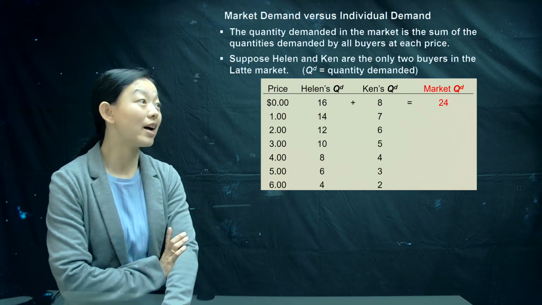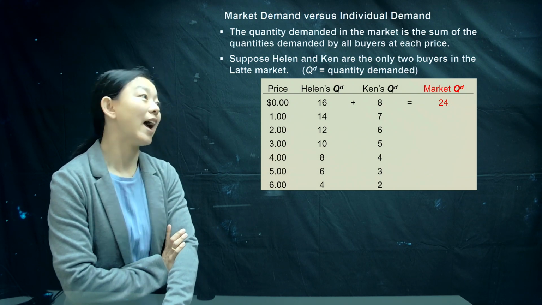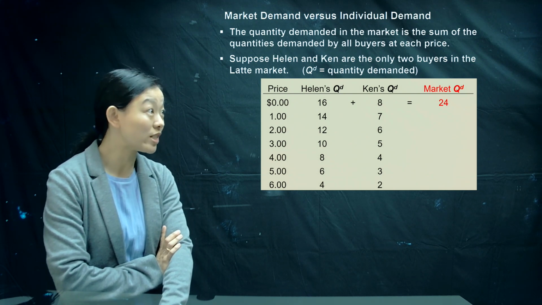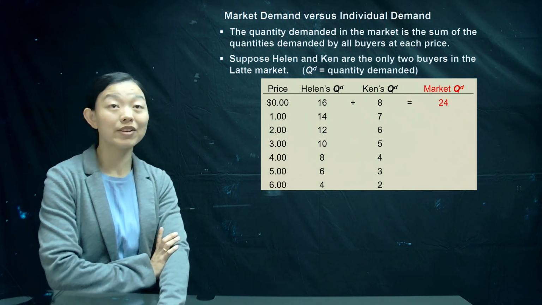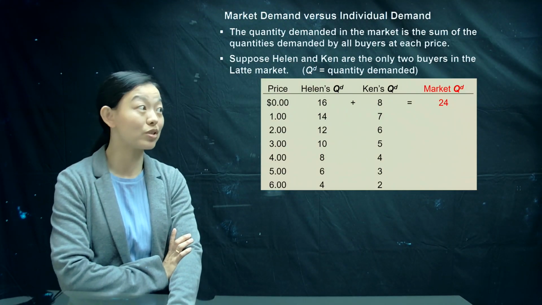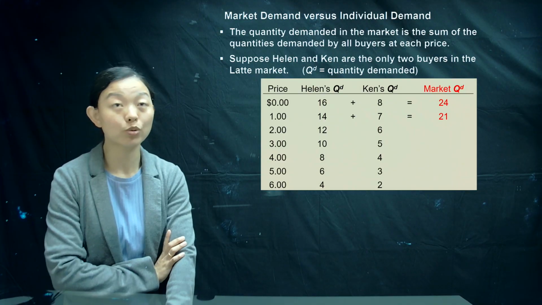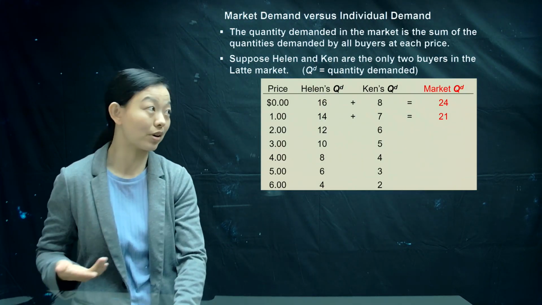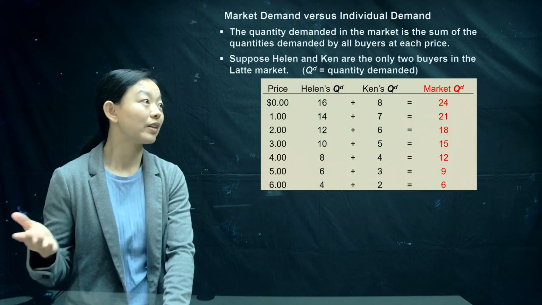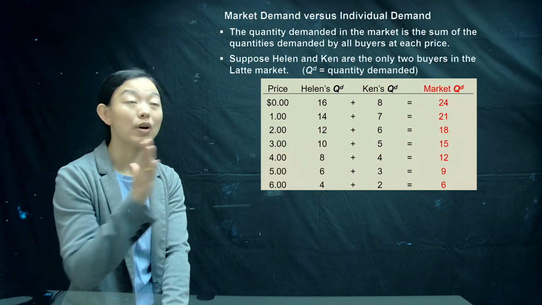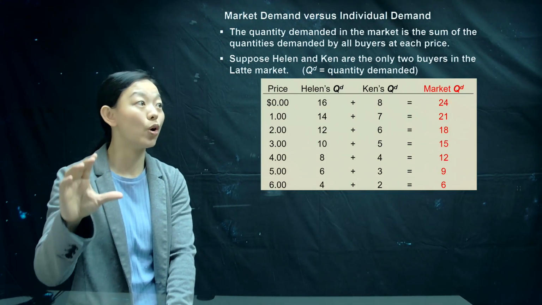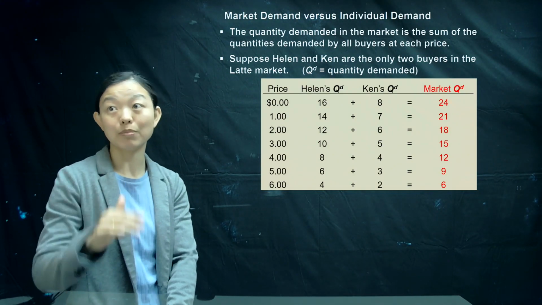Then when the price increases to $1, Helen's quantity demanded decreases to 14 and Ken's decreases to 7. So you can also sum these two numbers to get the market demand when the price equals $1, which is 21 units, and so on. You can get the market demand at each price, just the summation of all the individual demand at that price.